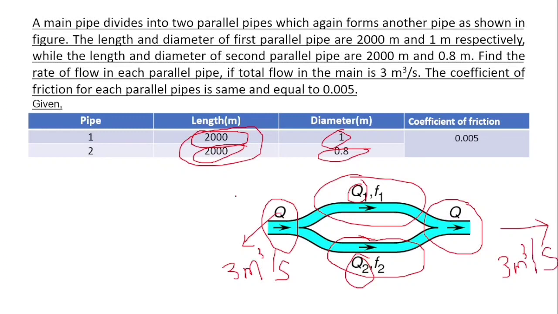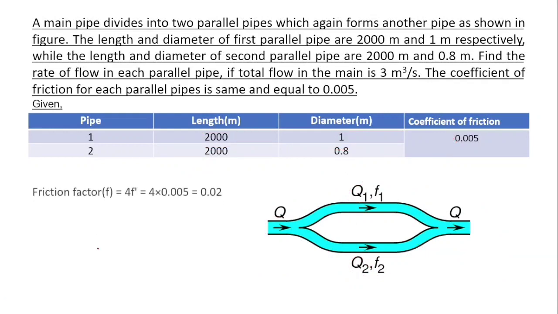If the coefficient of friction is denoted by F dash, that is 0.005. So the friction factor is 4 times coefficient of friction.